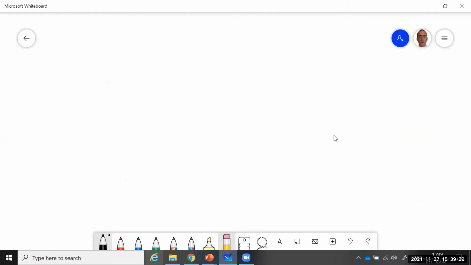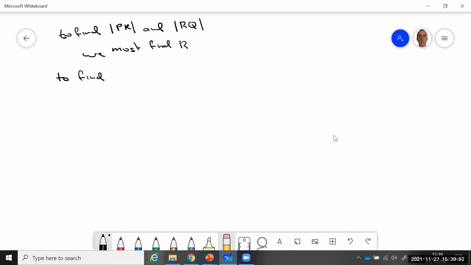So to find PR and QR, we must find R, and to find R, let's state that properly.